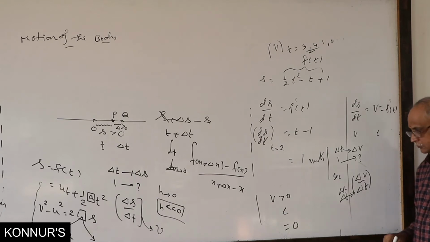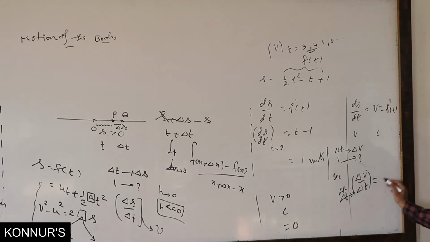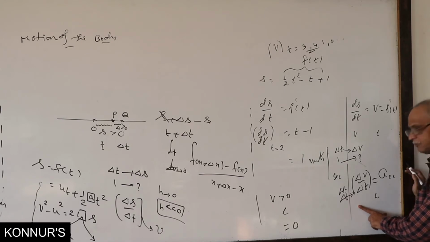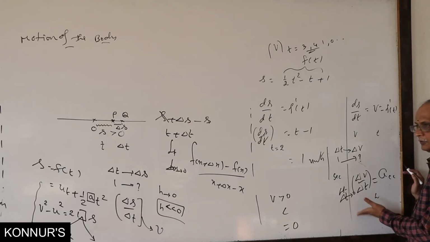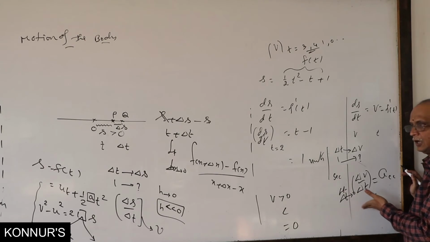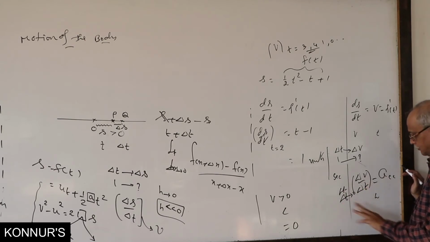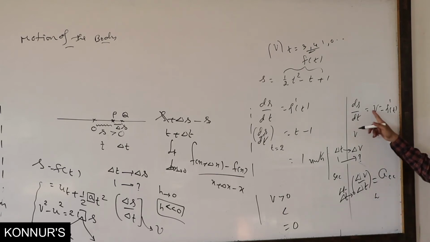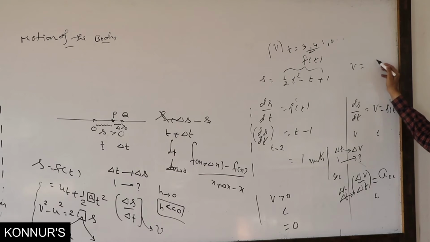No problem. We know that acceleration is the rate of change of velocity, where A is the symbolic form. Throughout it is fixed, like in physics: velocity v, all are the same. What is the meaning here? It represents a derivative again. Already we know v is equal to ds by dt.